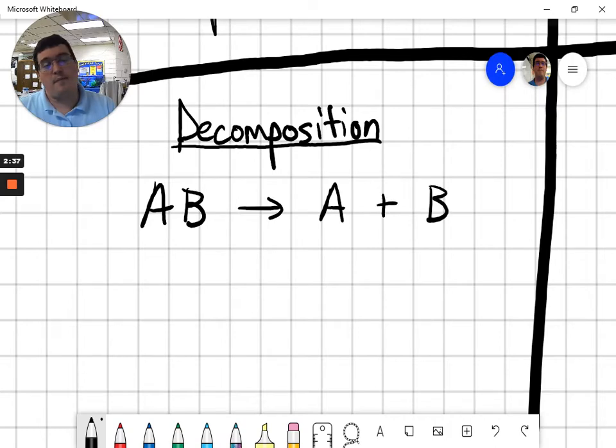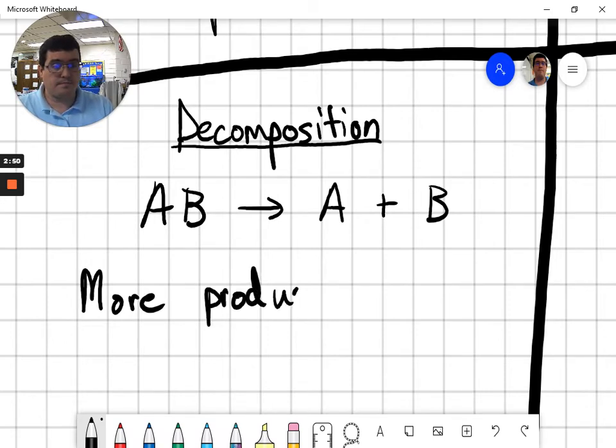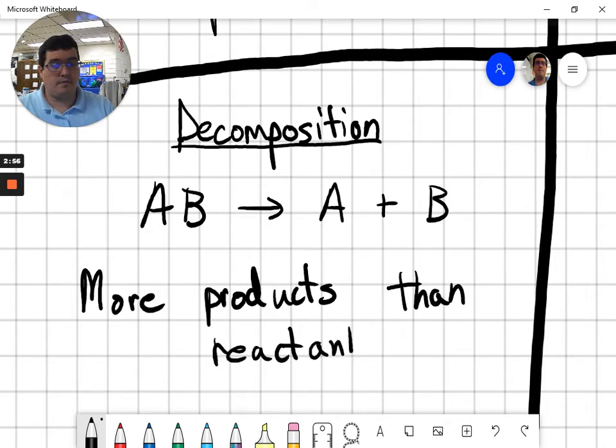So we have our compound AB breaks apart into its constituent elements, A and B, right? A plus B. So in this way, we have more products than reactants. And that is decomposition for you.